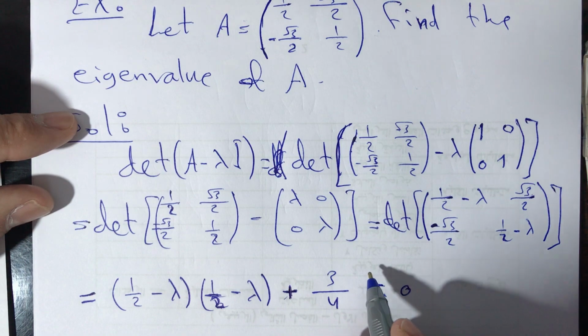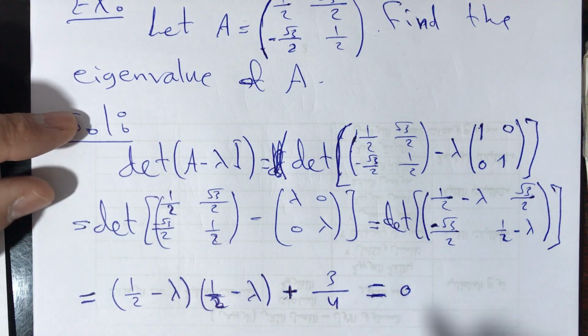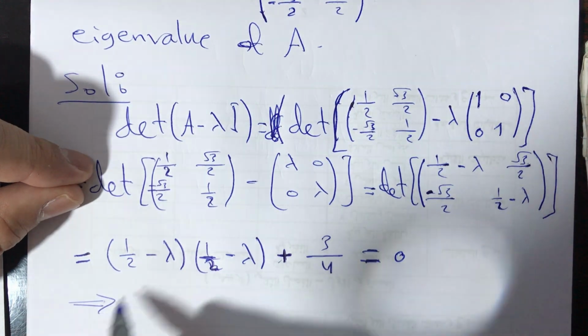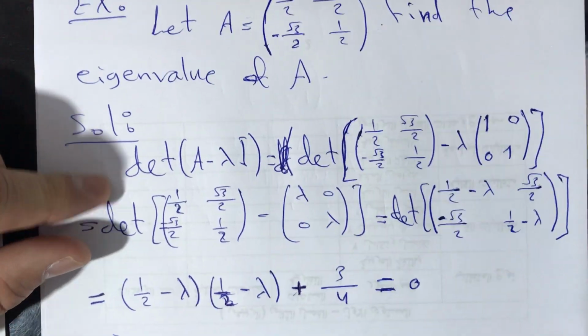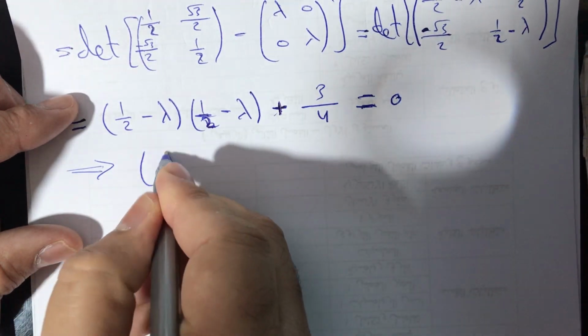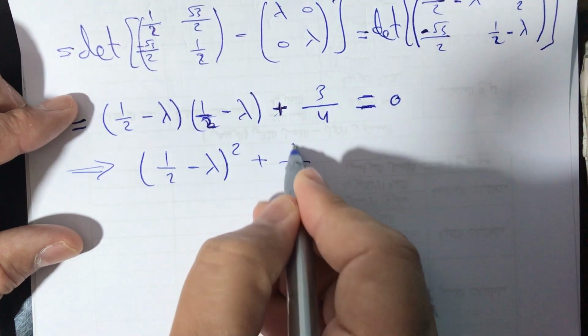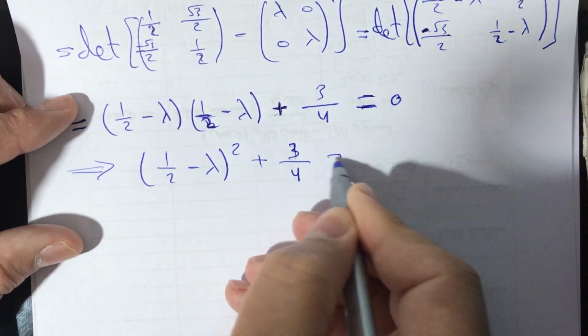To solve this equation, we get 1/2 minus lambda squared plus 3 by 4 is equal to 0.